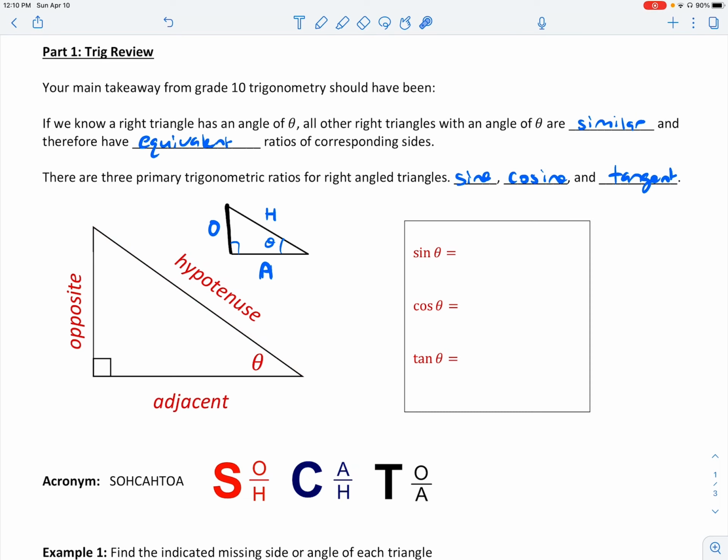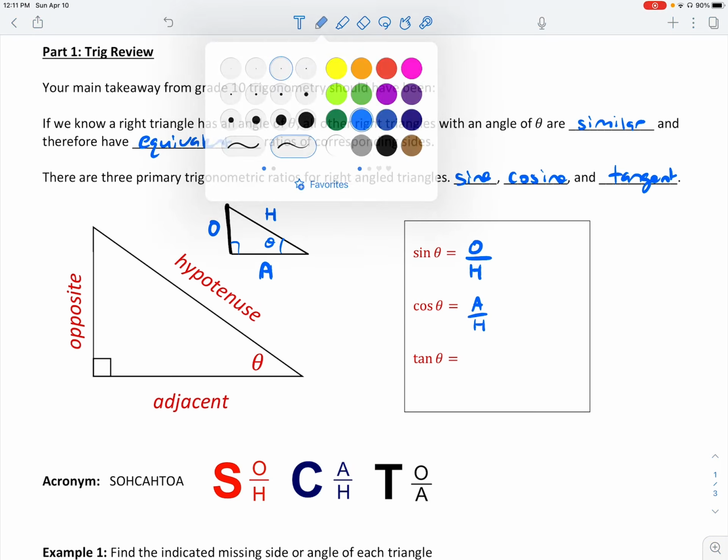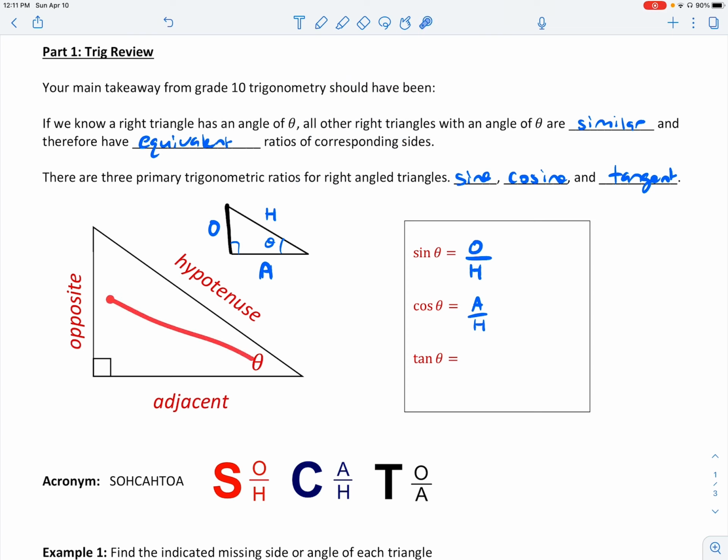Okay. So sine is going to be opposite over hypotenuse. It just kind of is that way, and that's how it works out for the acronym when we remember SOHCAHTOA. So cosine of this angle is going to be the adjacent over the hypotenuse, so A over H. And then lastly, tan is opposite over the adjacent.